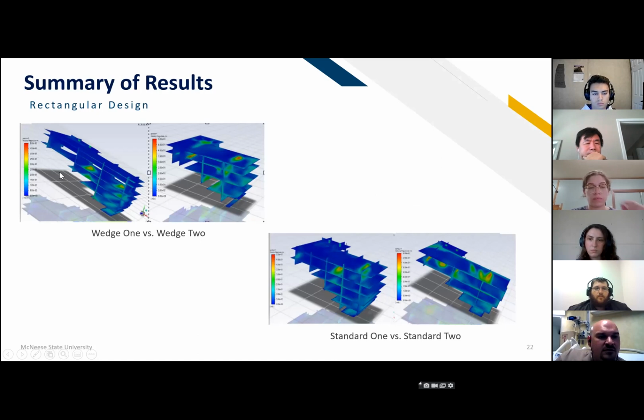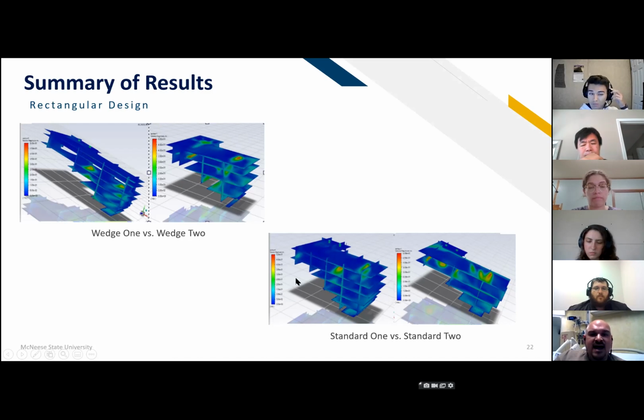At the shallow end, you can note that there are blue areas, and also on the surface there are a lot of blue areas, which show that blue means zero or very low velocity. Same thing with standard 1, the shallow end and the surface had dead areas.